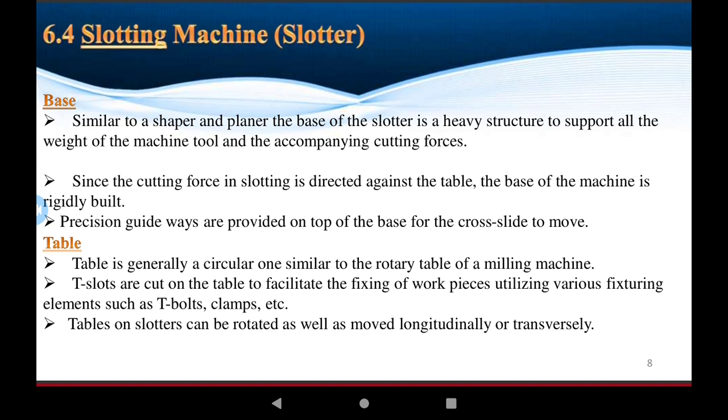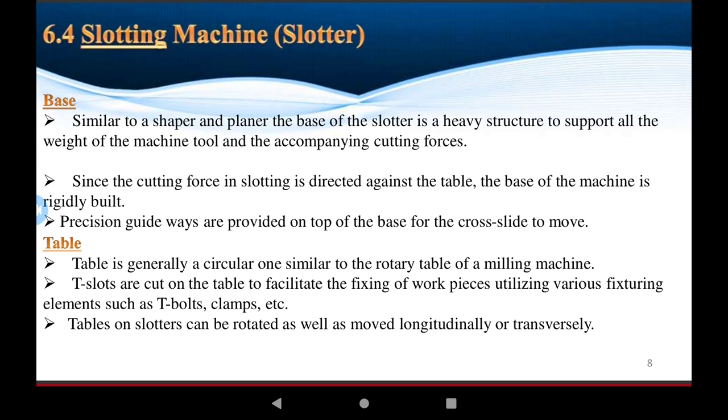The operation time depends on the holding devices used. The holding devices also hold the jobs on the tables.